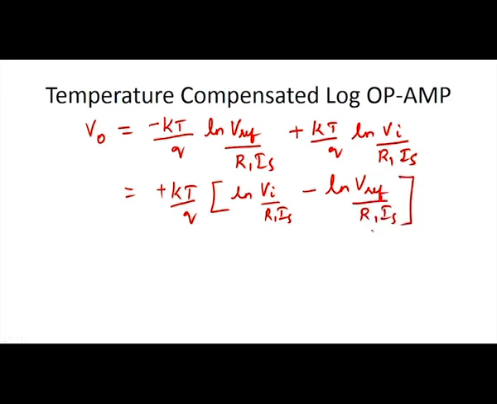Here these two terms, R1 IS, will get cancelled, and finally kT by q natural logarithm of, in the logarithmic scale if you have a minus sign, it can be written as Vi by V reference. This is the output of the differential amplifier.